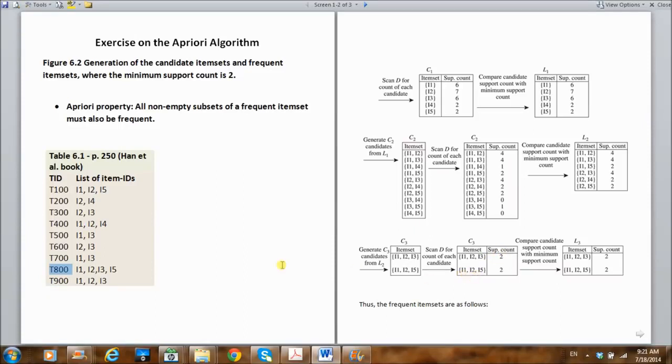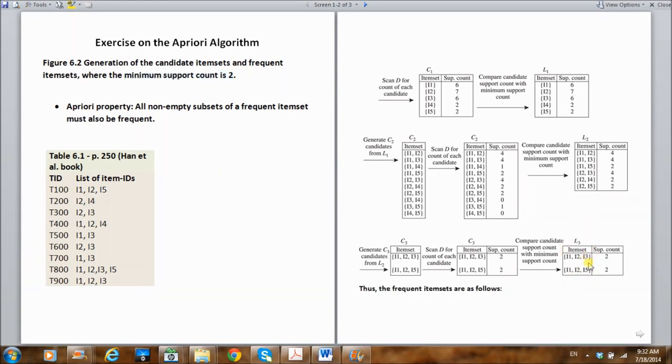How about {I1, I2, I5}? It appears here once, and in T100 again, so it happened twice. Both satisfy our minimum support count of 2. So our level 3 frequent item sets now include {I1, I2, I3} and {I1, I2, I5}.